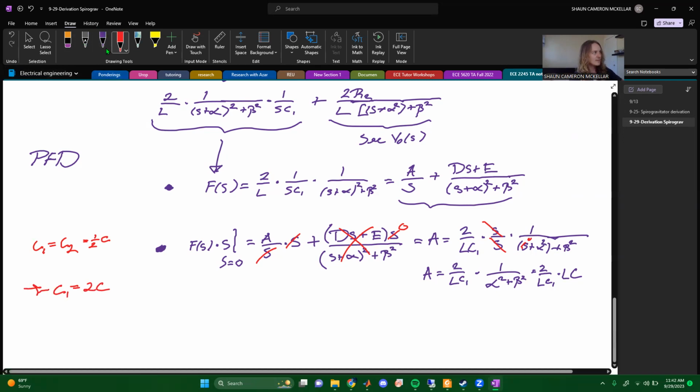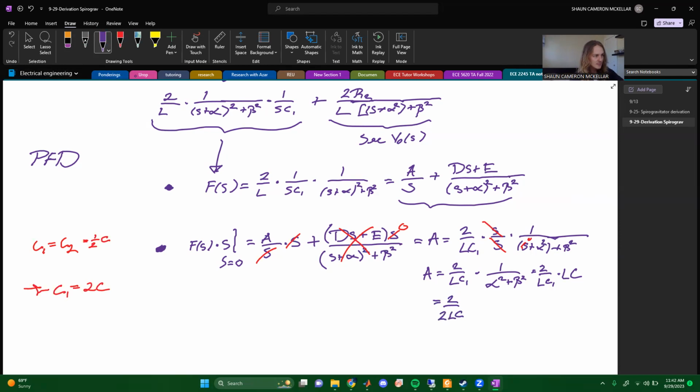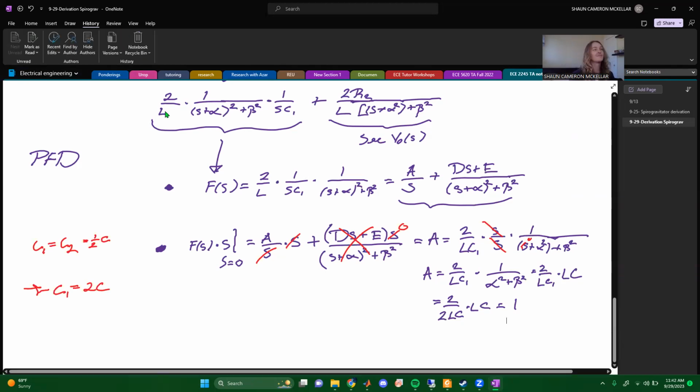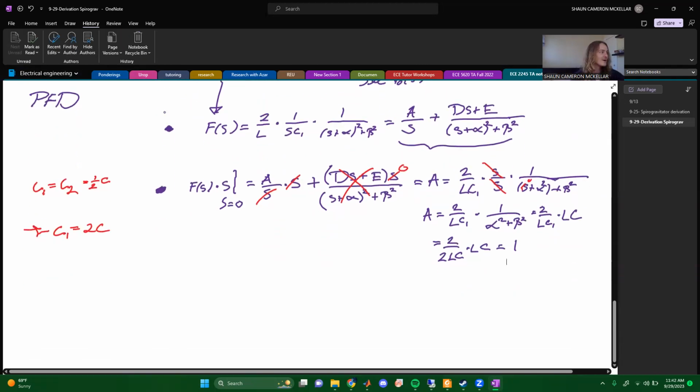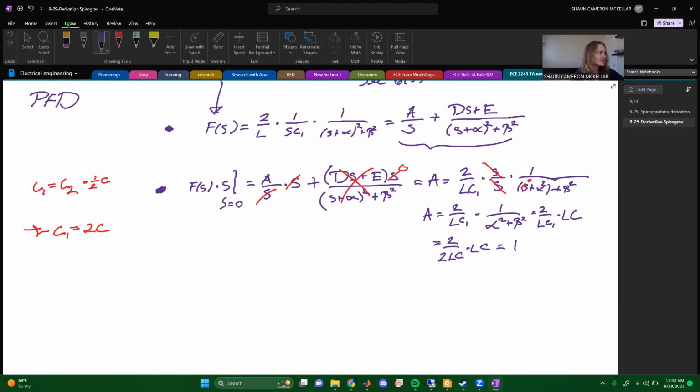So let's plug that in over here. And now I've got 2 over 2LC times LC. That just equals 1. So A equals 1. That's sort of the first part of the partial fraction decomposition. Okay. So now let's go on to get the next one.